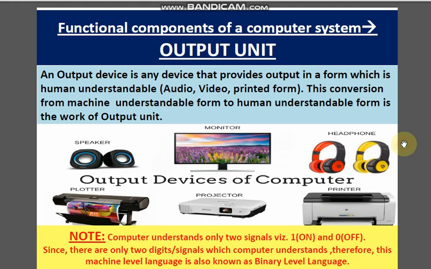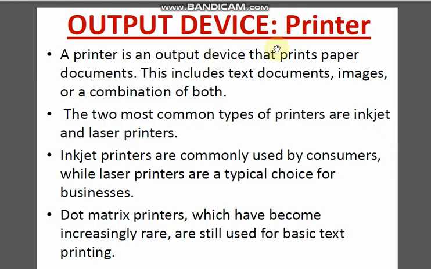So let's move on. Let us see the output device printer in detail. A printer is an output device that prints paper documents, including text documents, images, or a combination of both. Two most common types of printers are inkjet and laser printers, which are very popularly used. Inkjet printers are commonly used by consumers, while laser printers are a typical choice for businesses, and in our school we use laser printers as well as inkjet printers.